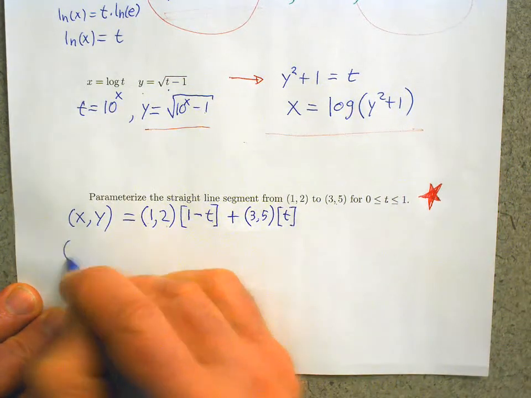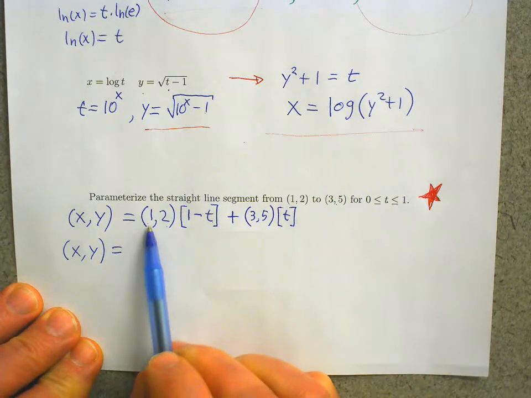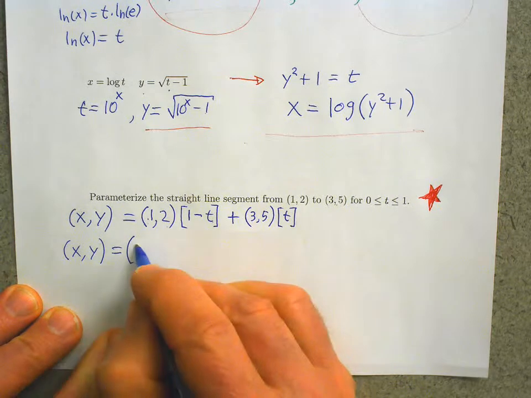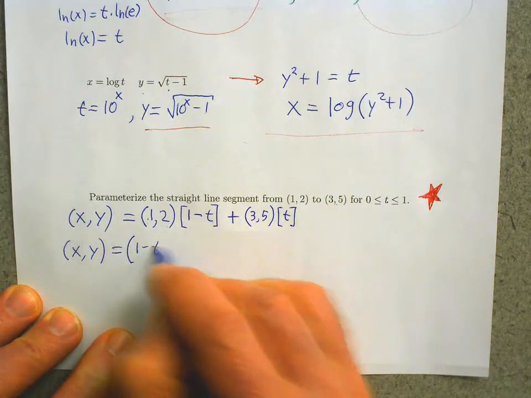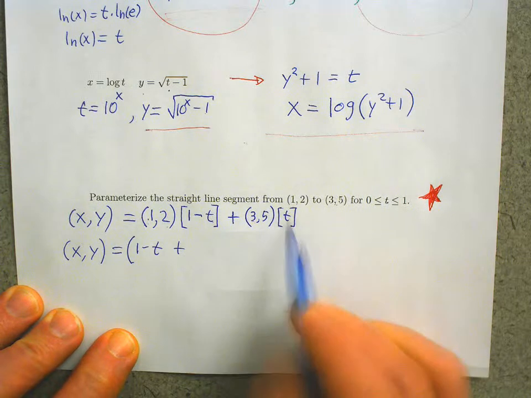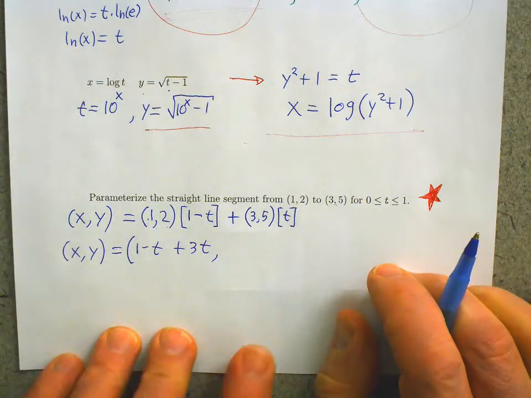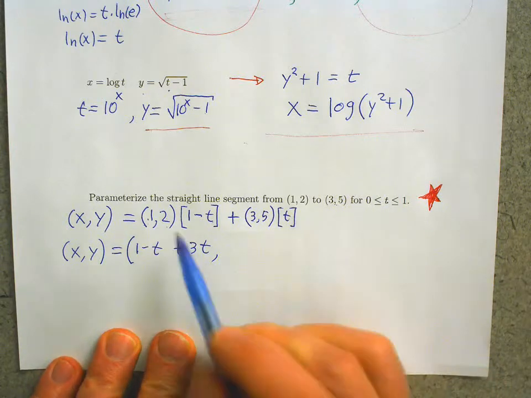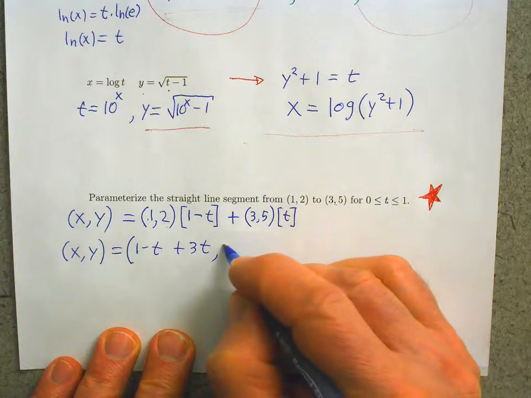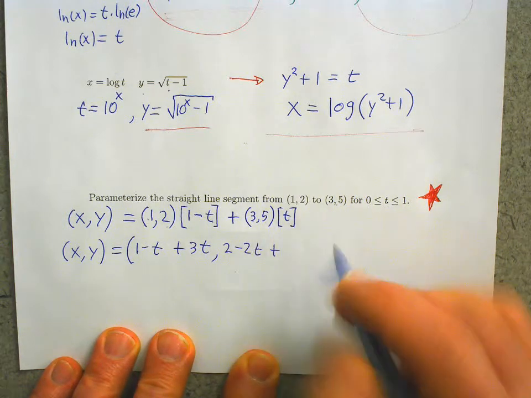So let's write the ordered pair. 1 times 1 minus t for the x-coordinate is 1 minus t. And then I'm adding that to the x-coordinate 3 times t. We'll simplify this in the next step. Then for the y-coordinate, I have 2 times the quantity 1 minus t, so I get 2 minus 2t, and then plus 5 times t.